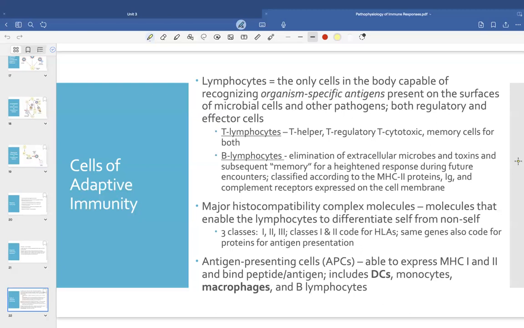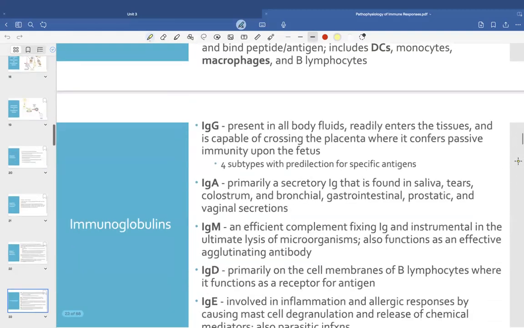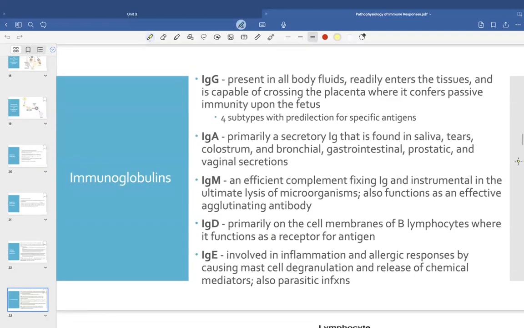Remember your immunoglobulins. IgG is everywhere, in all body fluids. It easily exits the bloodstream. It can cross the placenta. This is what gives the fetus immunologic protection for the first 6 months of life. There are 4 subtypes of IgG.